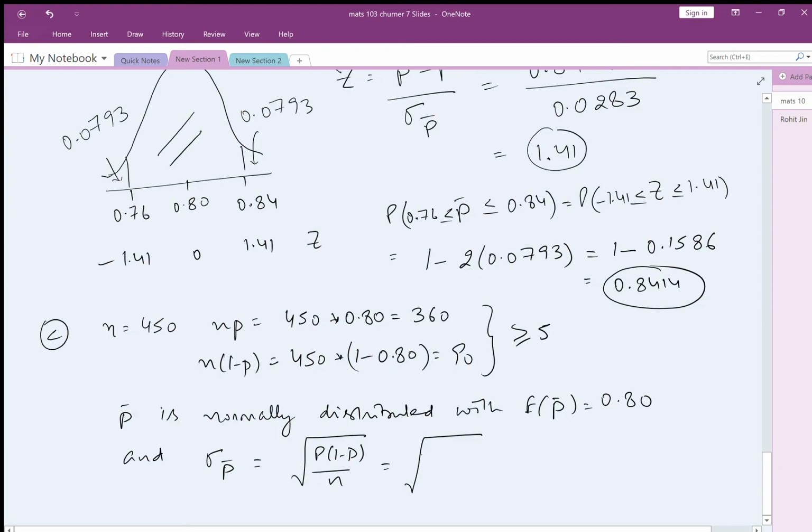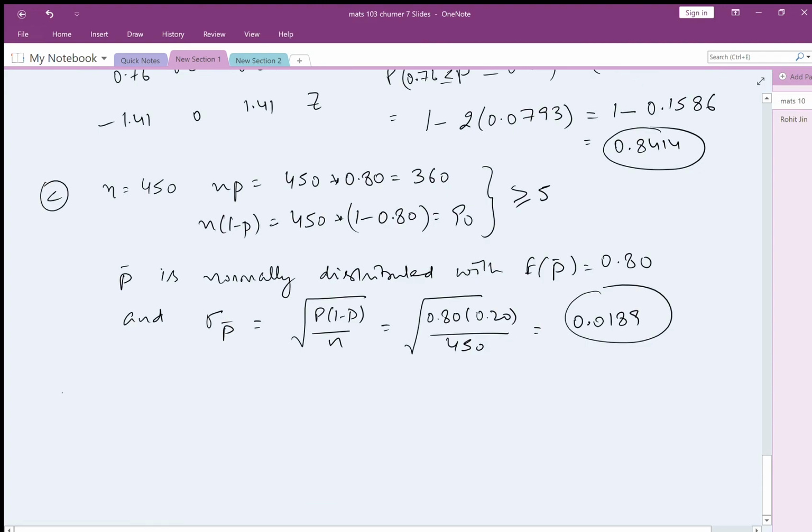So this is 0.80 times 0.20 divided by 450, and the standard error is 0.0189.